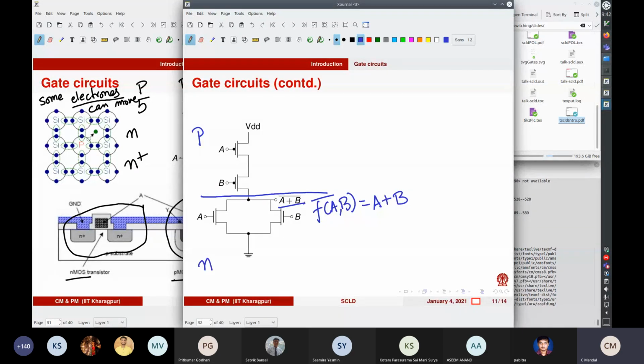But we have to be careful about what's happening out here. Here again you see, if either of A or B goes high, you have a disconnection.